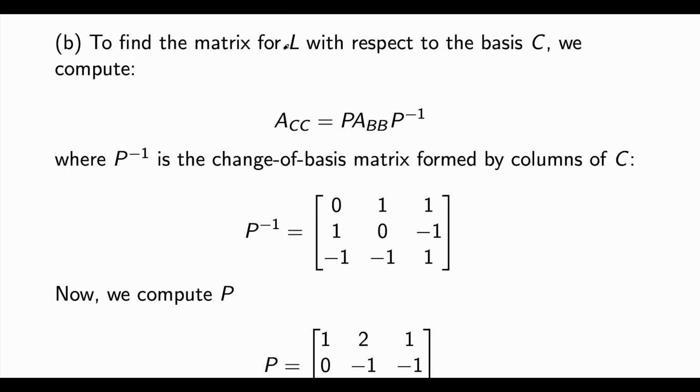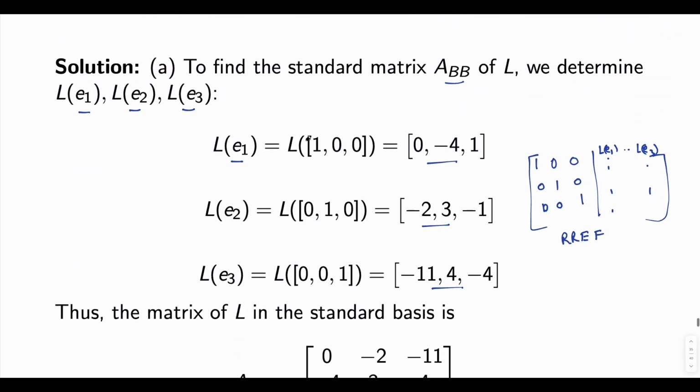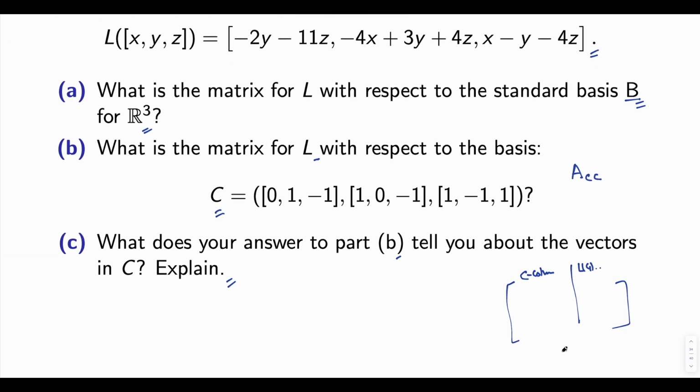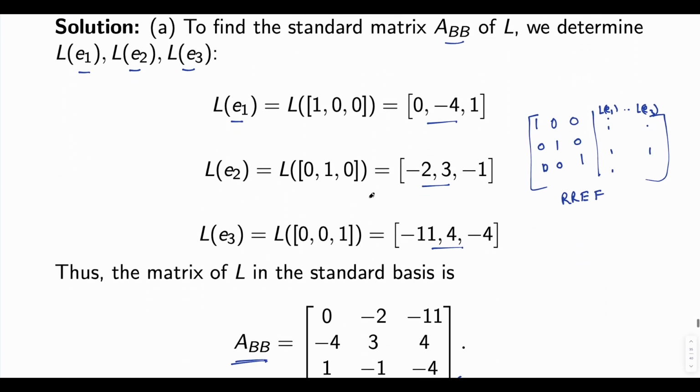So to find the matrix of L with respect to the C basis, we can use the previous formula. Either you find it using this method, which we know, but since we have already calculated A_BB, we want to use the previous result, similarity of matrices.